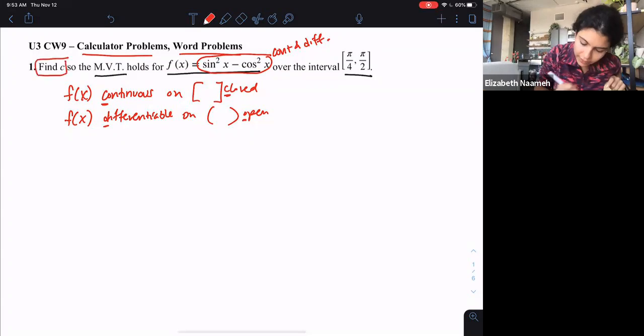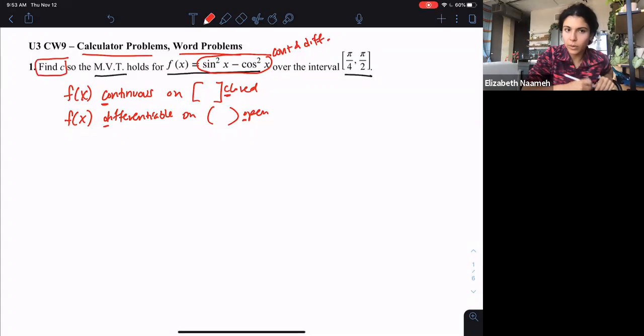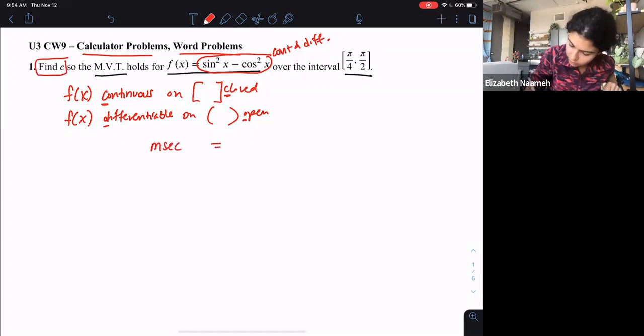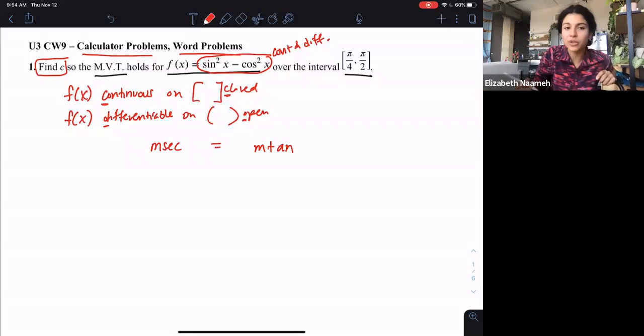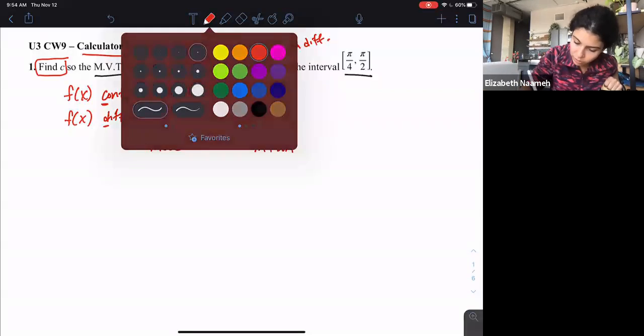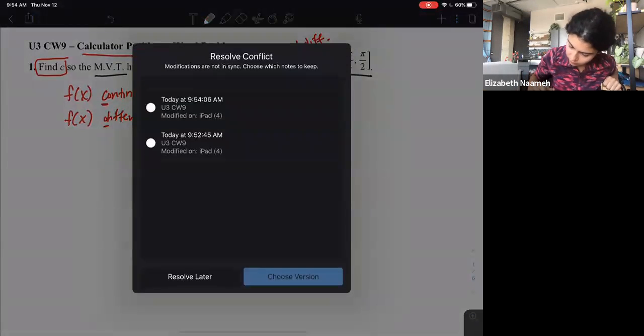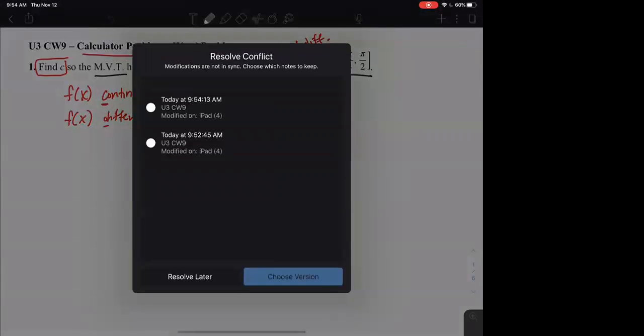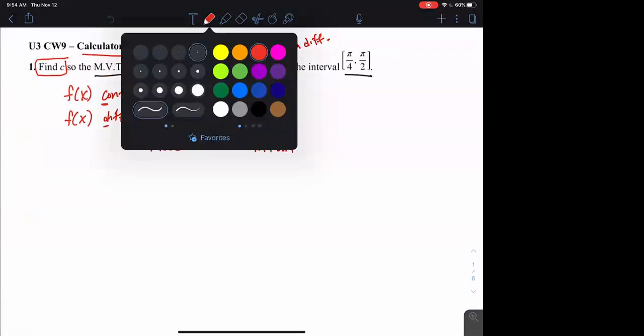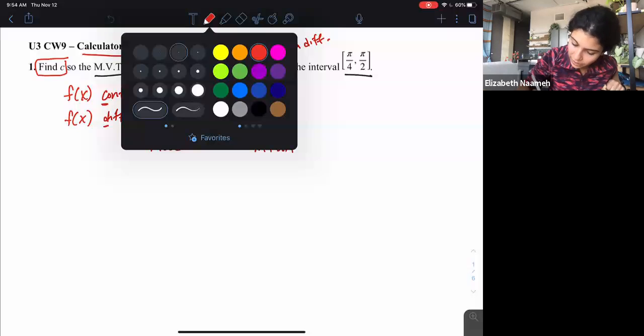Let's answer the question, find C. We have a simple equation to start with. M sec equals M tan. M sec means the average rate of change. What's the formula for M sec? F of B minus F of A over B minus A. Okay, but a little more specific, what should we actually write immediately?